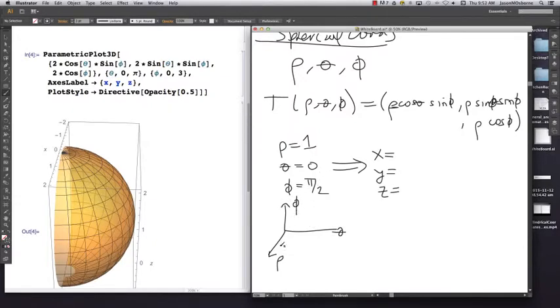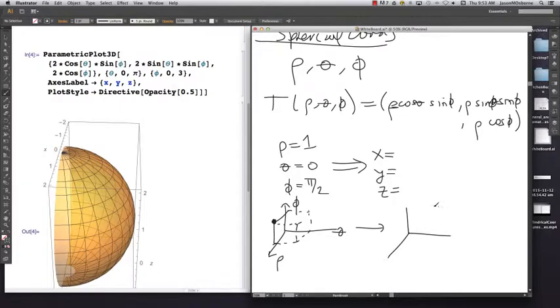And if you pick this particular point, rho is equal to 1, theta is equal to 0, phi is equal to pi over 2, this point, let's say in a cube over here, and you want to figure out what point that corresponds to in XYZ space, right?